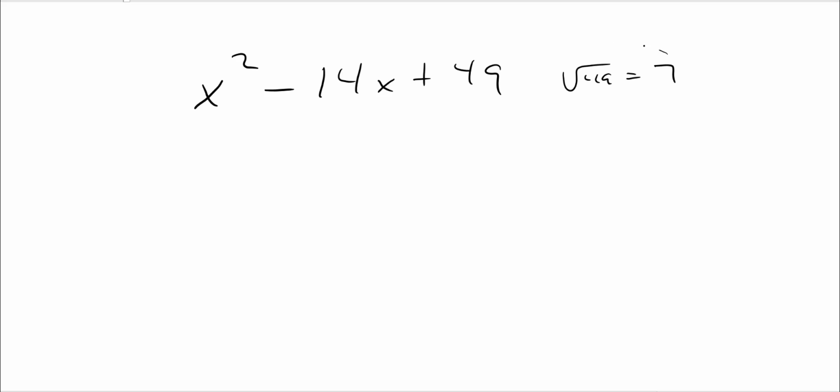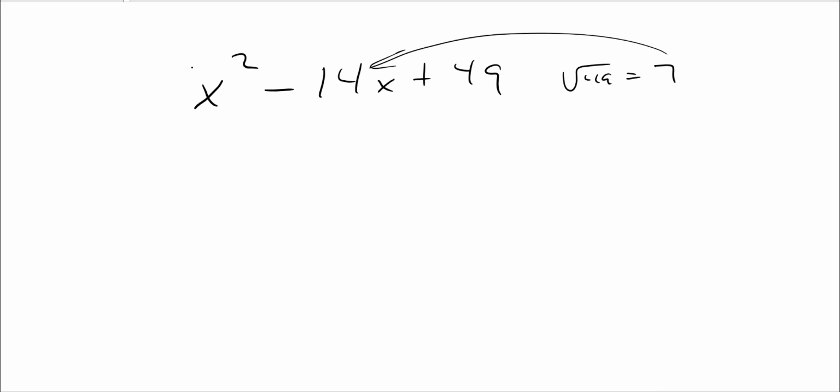Okay, so let's do a couple more. How about x squared minus 14x plus 49. Okay, well, the square root of 49 is 7. Double that, negative that.